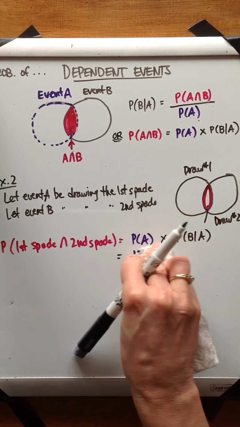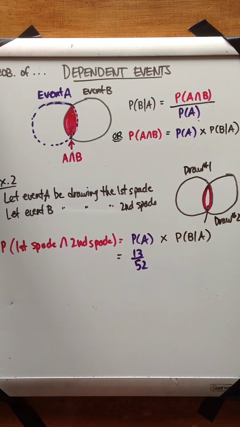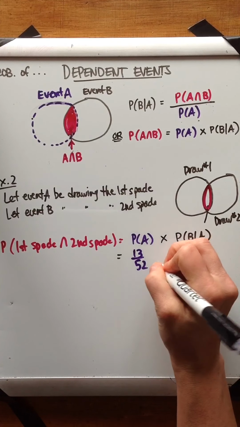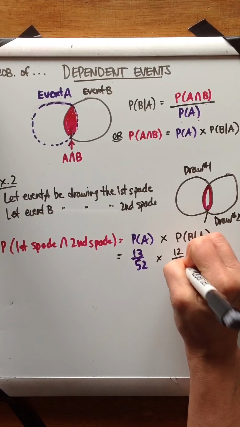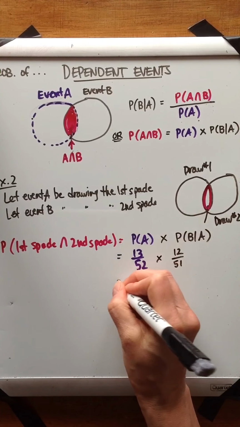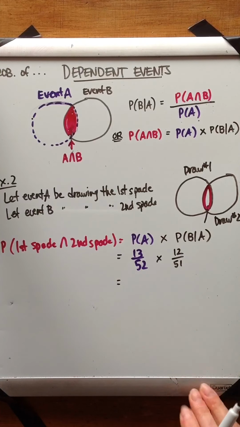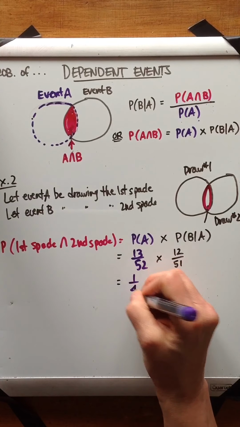Let's go back to our 13 out of 52 for the first one and our 12 out of 51 for the second one. I'm going to reduce these fractions before I multiply them to make the math easier. I know that 13 out of 52 can be thought of as 1 out of 4.